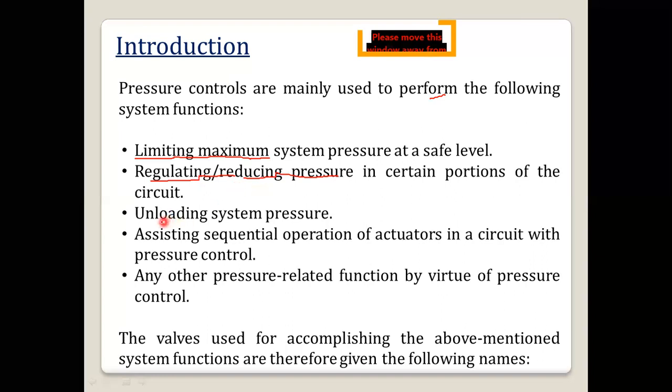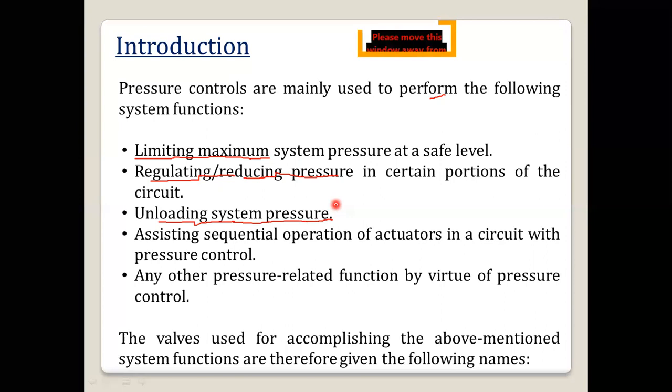Then the pressure control valve can be used for unloading system pressure, that is directly dumping the flow of oil to the tank.